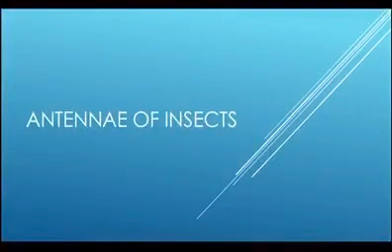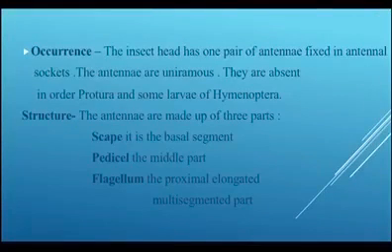Hello students, today we will discuss the antennae of insects. As you all know, the insect head has two types of appendages, one pair of antennae and the other is mouthparts.